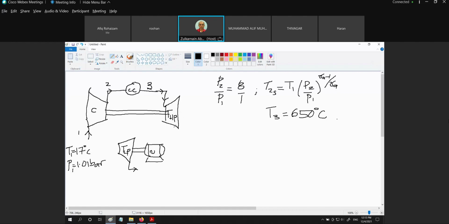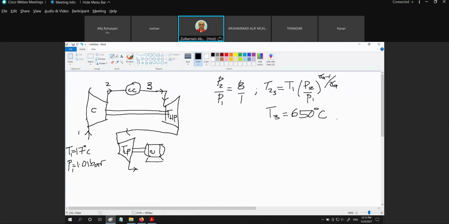Right? And then after entering the first turbine, which is the high pressure turbine, there's nothing describing the temperature before entering the low pressure turbine. Therefore, what is coming out from here is going to flow into this turbine, and then it's going to be exhausted to the surrounding.